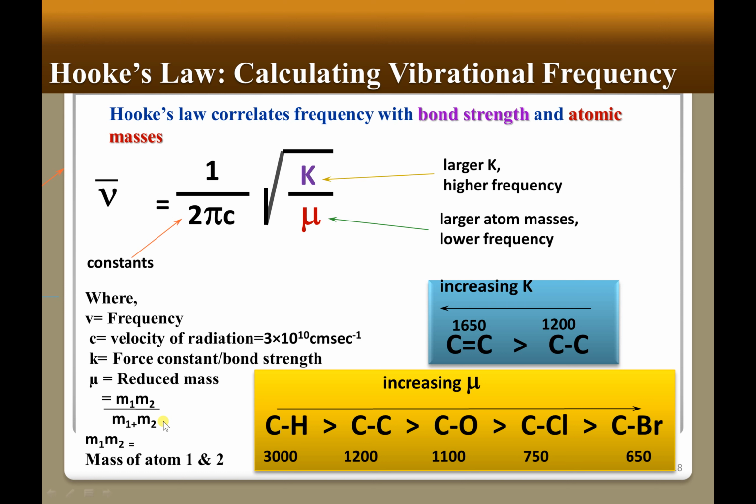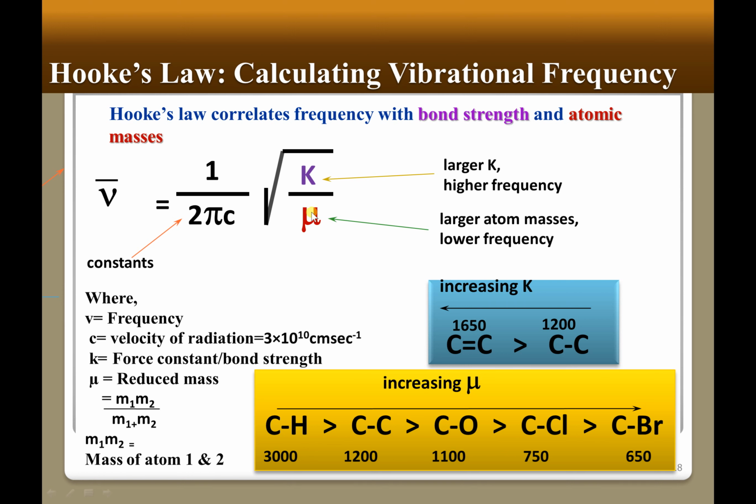So therefore, if k increases, frequency increases. That is, if the bond strength or force constant increases, which is in the numerator, your frequency increases. But if the mass product increases, frequency decreases.